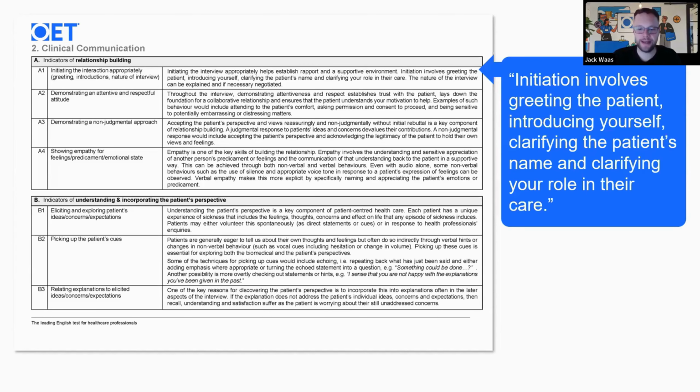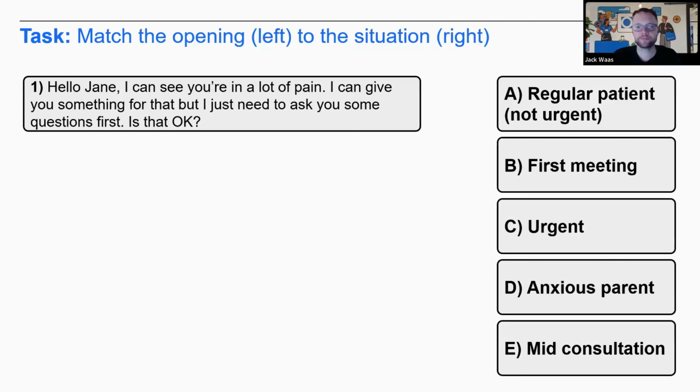Now, let's try a task. On the left, you can see an introduction, a way that you can start a role play. On the right are different summary options of different situations. So take a minute to read the opening on the left and the description of the situation on the right.